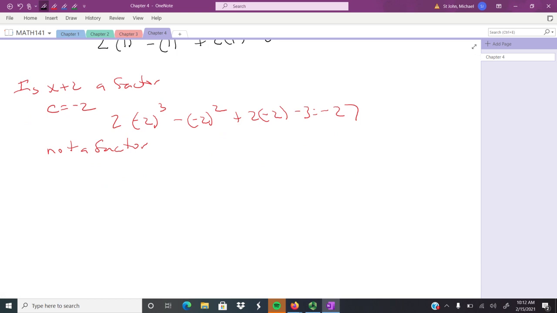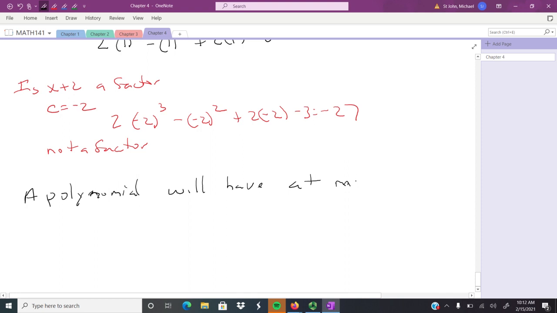So then a polynomial will have at most the same number of zeros as the degree.